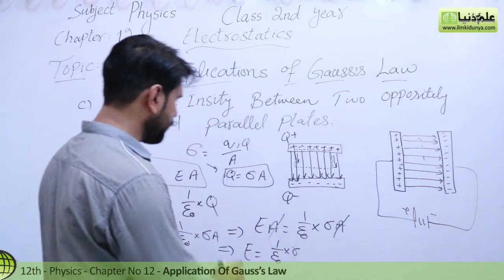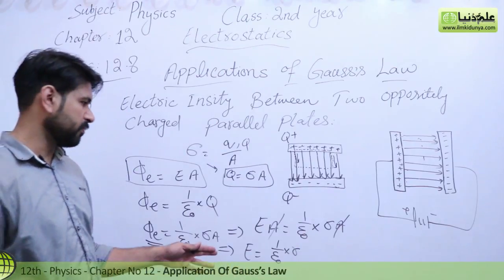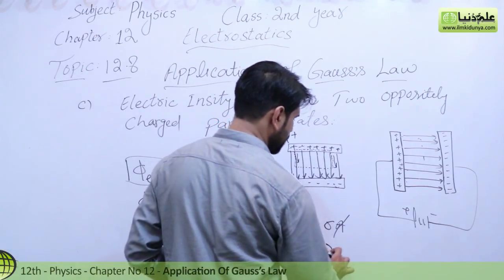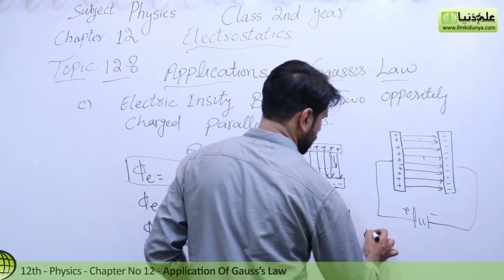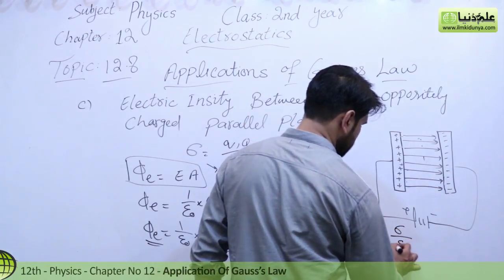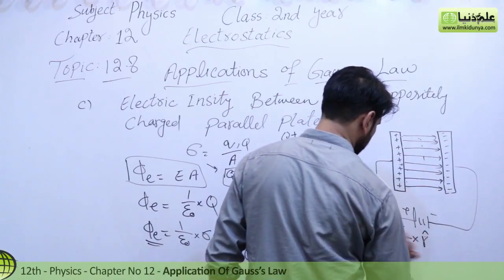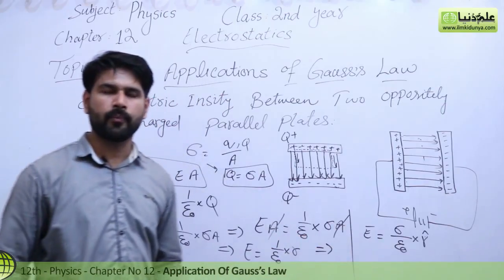In vector form we can write this as E equals sigma over epsilon times n hat.